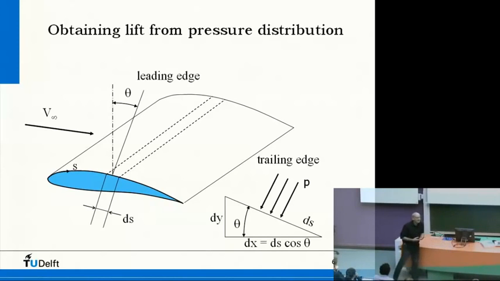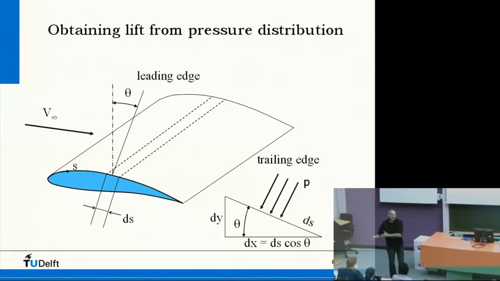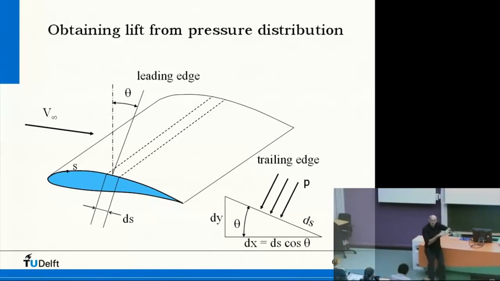Lift, by definition, is perpendicular to the velocity. And drag is, of course, in the direction of the velocity. And the normal force is perpendicular to the chord line, and the tangential force is parallel to the chord line.